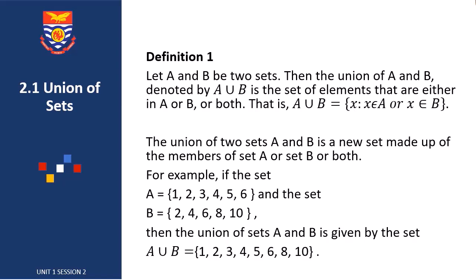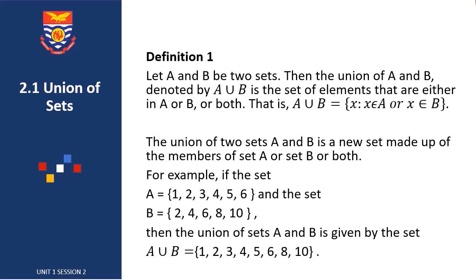What this means is that if you want to find the union of 2 sets or 3 sets or 4 sets, all you have to do is to bring all the elements in the sets that you are looking at into one new set.